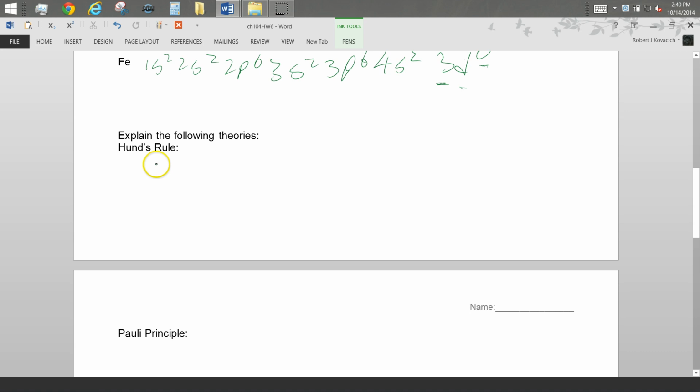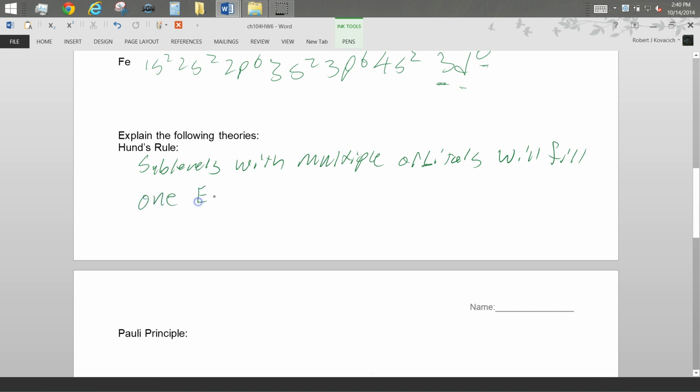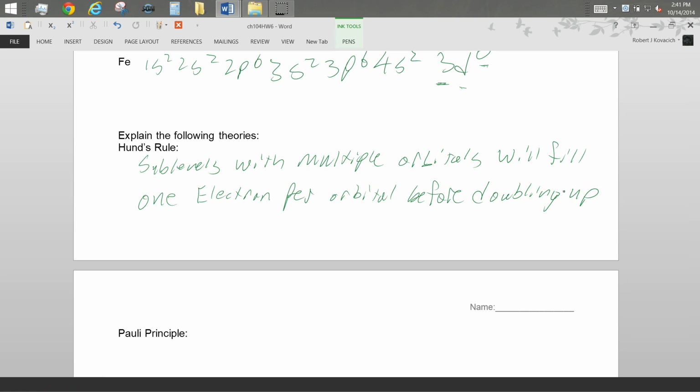You need to say something like, if you have a sublevel and it's got multiple orbitals in it, you put one electron in each orbital before you start pairing them up in the same orbital.